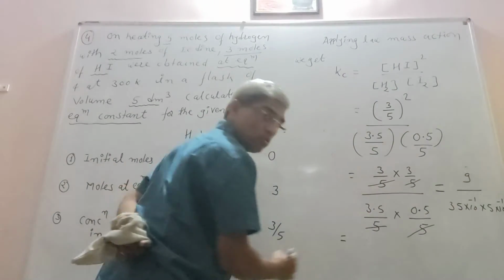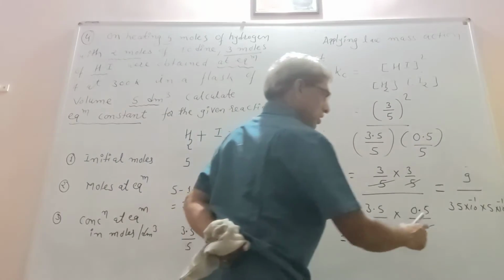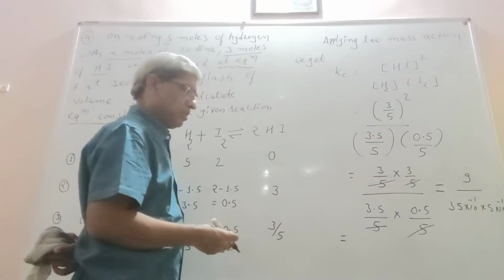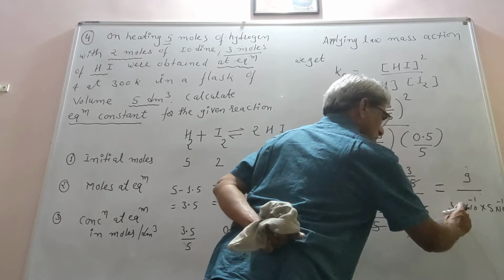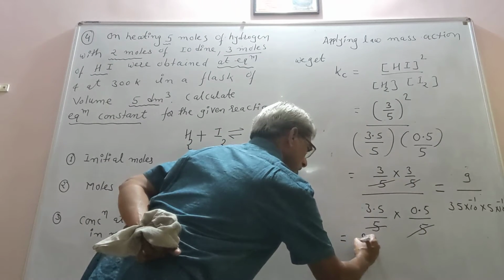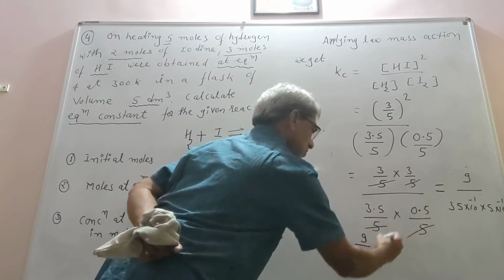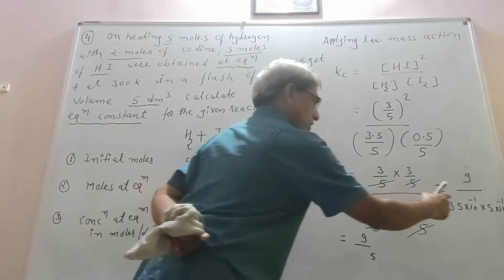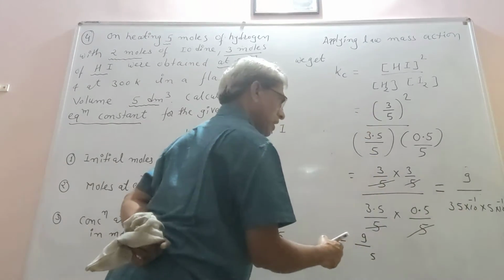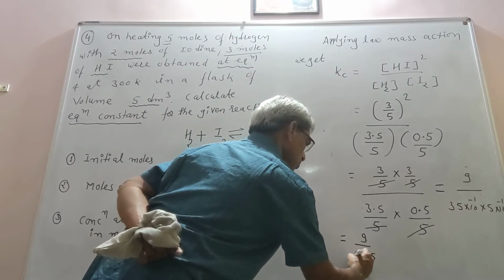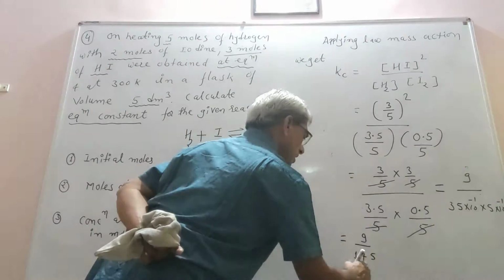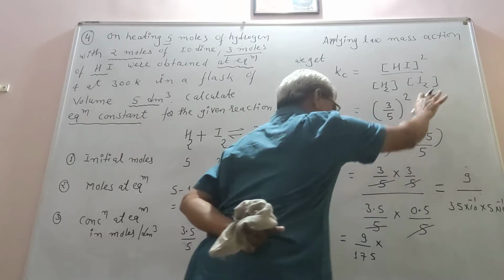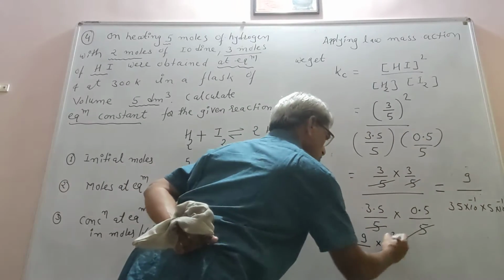Then it is equal to 35 multiplied by 5, means multiplication. 5 into 5, 25, carry 2. 5 into 3, 15, plus 2, 17. So 175. 9 divided by 175, and 10 raised to minus 2 in the denominator becomes 10 raised to 2 in the numerator.